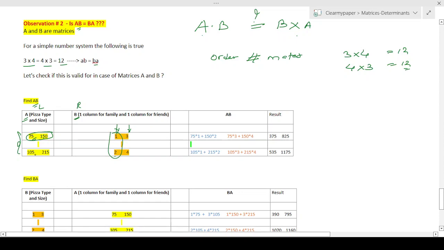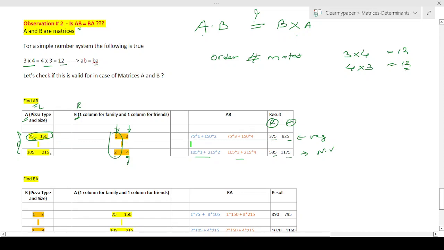Then you take the next row and the first column, and the same row and the next column. So you get 4 entries, and the net result is 375, 825, 535, 1175. This is the total cost of the veg and this is the total cost of the non-veg, and this is the regular and this is the medium size of pizza.